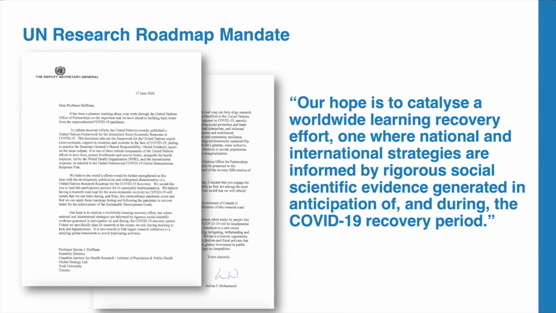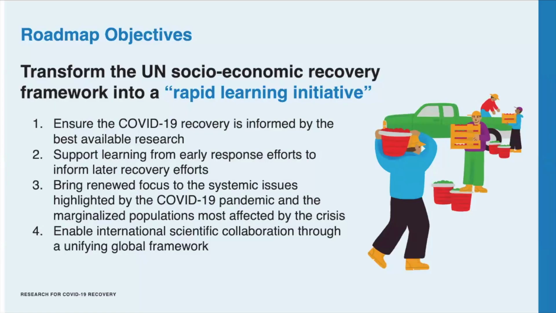And indeed, those early efforts, if we can catalyze research early enough, ideally can then be informed by research during the pandemic period, in other words, right now. And so the objectives of this roadmap were, how do we transform the UN socioeconomic recovery framework into a rapid learning initiative? Number one, it's about ensuring the COVID-19 recovery is informed by the best available research evidence.